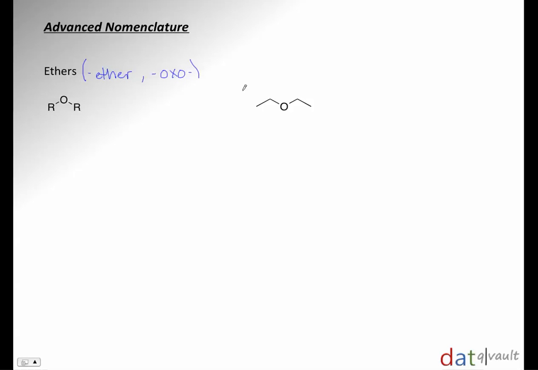I'll show you how to name them both ways. In this case we have two ethyl groups on this ether, so we can name it diethyl ether, or we can take this ethyl group that's attached to the oxygen and name it ethoxy.